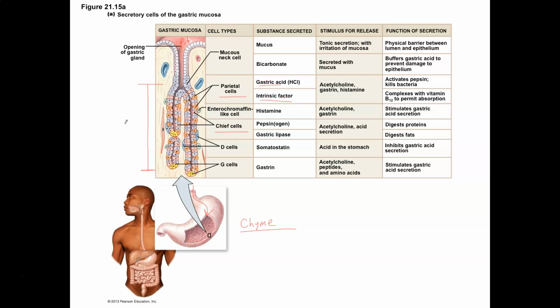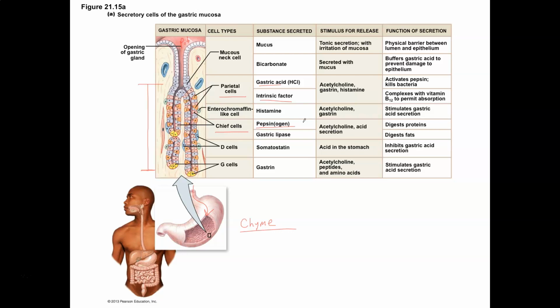So the chief cells are important because they produce pepsinogen. Pepsinogen is the inactive version of pepsin. Pepsin becomes activated when it's mixed with the hydrochloric acid. So pepsinogen is the inactive form, but then it becomes pepsin, and it's used for protein digestion.